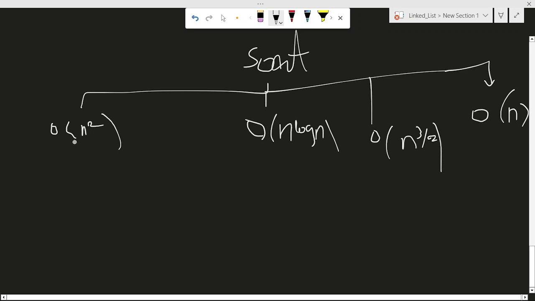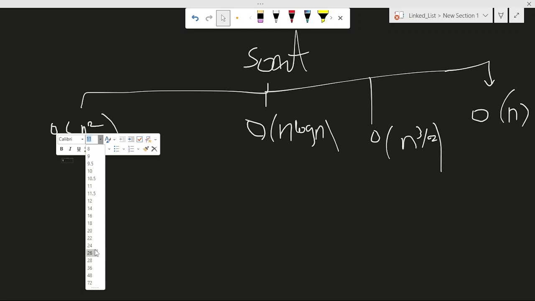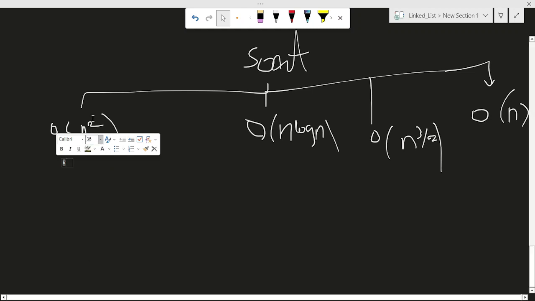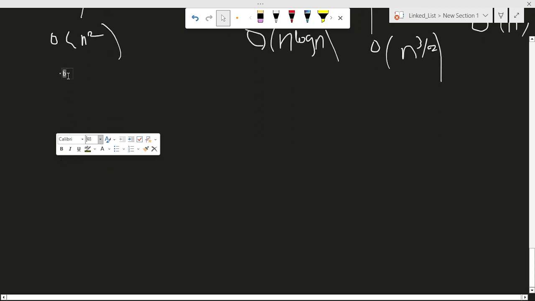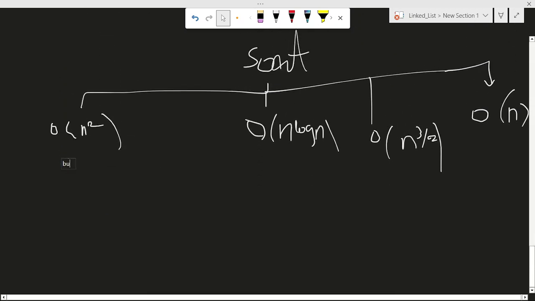First of all, big O of n square. Here there are three different sorting techniques. The first one, as I think you will have heard of, is bubble sort, B-U-B-B-L-E.